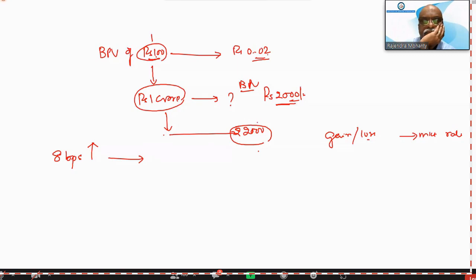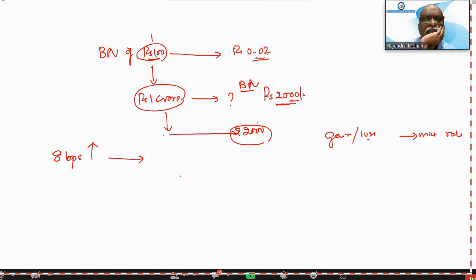This has to be calculated for 1 crore, sir? Yes. We are gaining 0.20%. How?